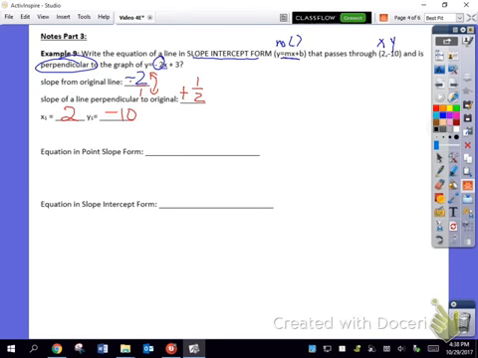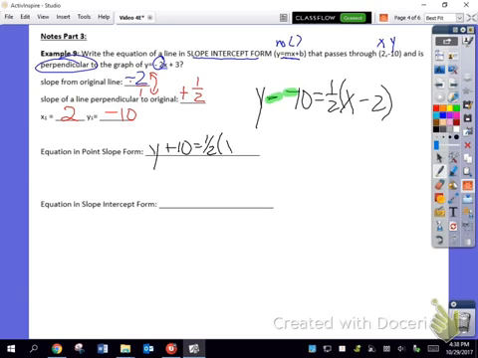So come write your equation first. Y minus negative 10 equals 1/2, parentheses, x minus 2. And I have two negatives, so two negatives make a positive. Y plus 10 equals 1/2, parentheses, x minus 2. Now that's point slope form, okay? Now I need to go to slope intercept, so I have to get rid of the parentheses. So remember, now I have to distribute.